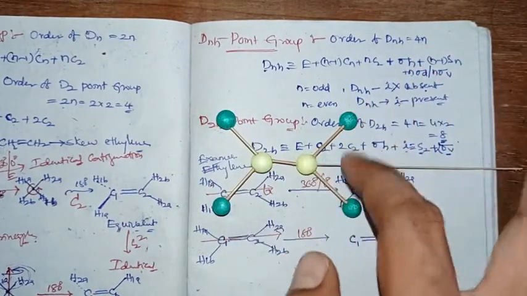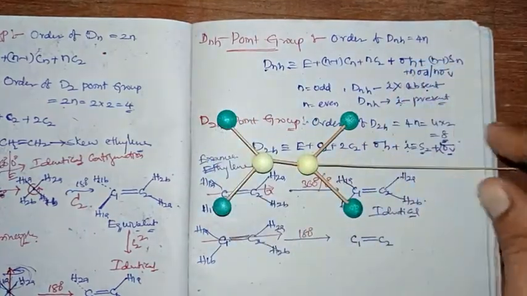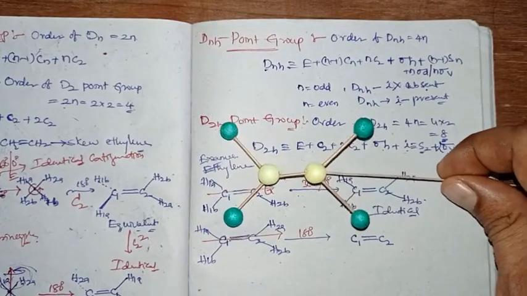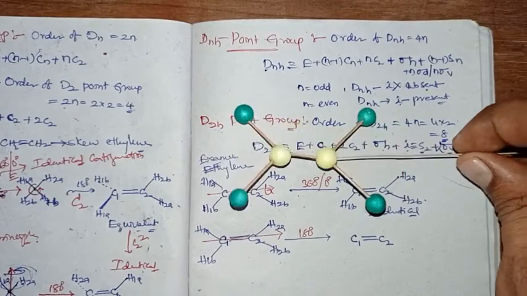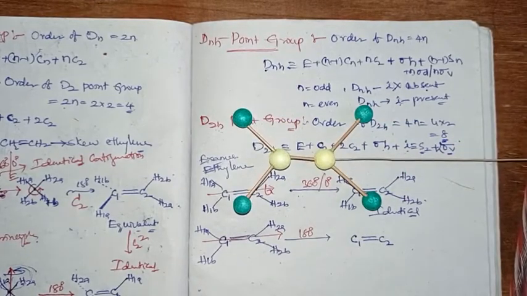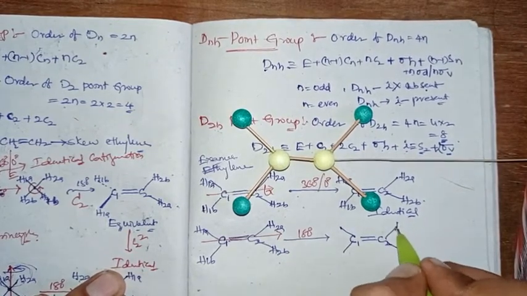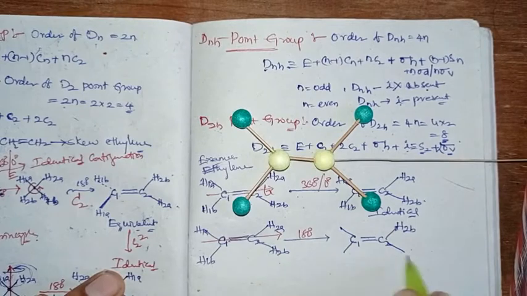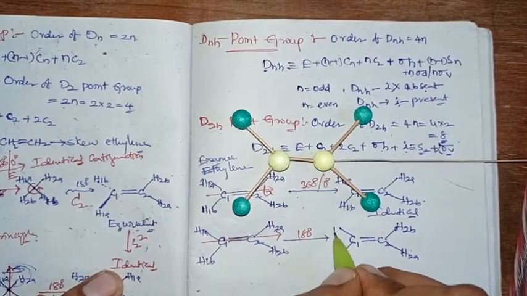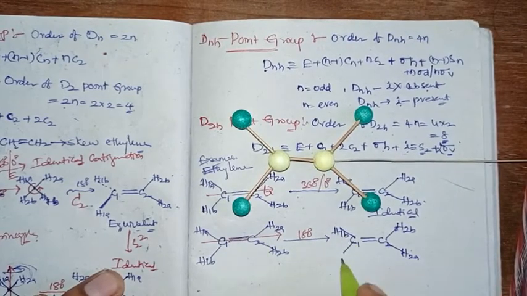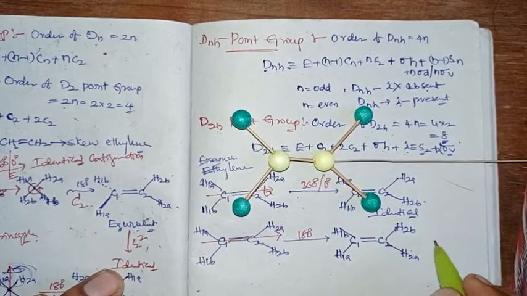The carbon 2 methylene group hydrogens get exchanged, and the carbon 1 methylene group hydrogens get exchanged. Initially we had this particular structure, but after 180 degrees of rotation we have this structure, where carbon 1 and carbon 2 are retained and the hydrogens of the methylene groups are exchanged. H2A is replaced with H2B and H2B with H2A, and H1A is replaced with H1B and H1B with H1A, right?